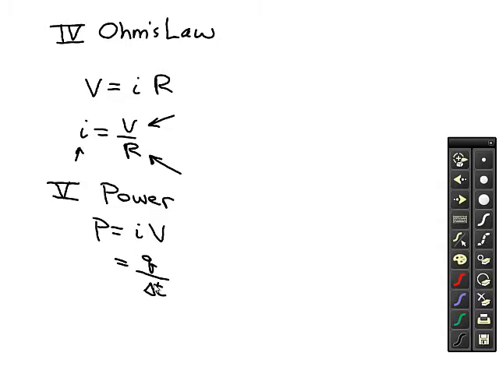And voltage, or potential difference, is the amount of energy or work per coulomb of charge. So if you do a quick cancellation here, we get energy or work per unit time. So it makes sense that power is current times voltage.